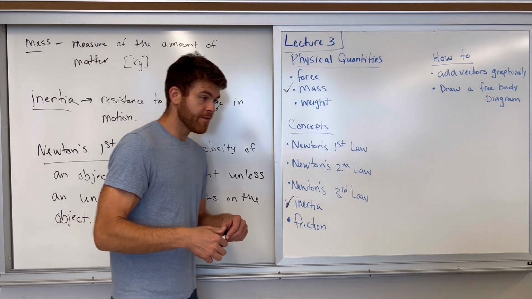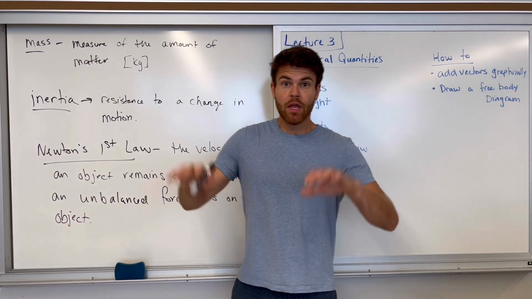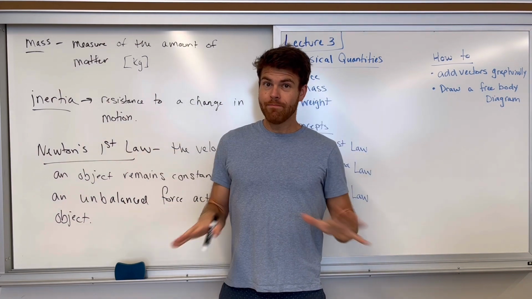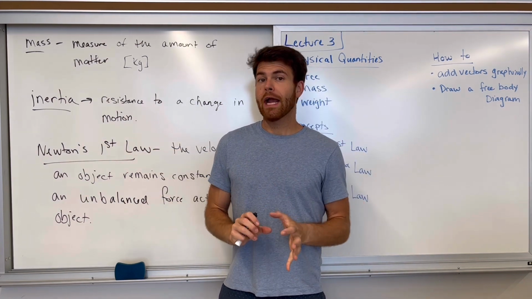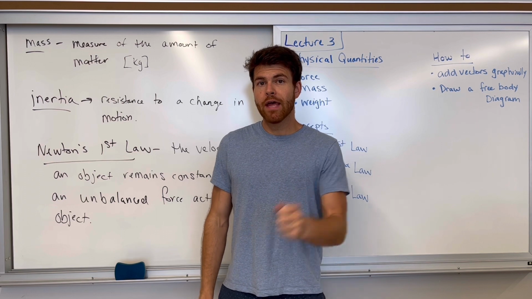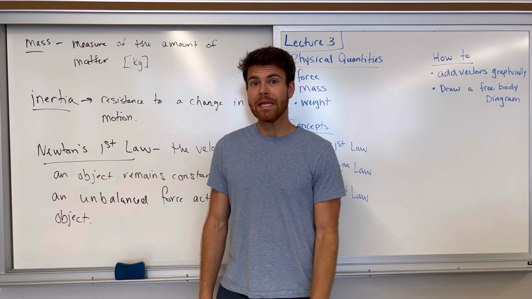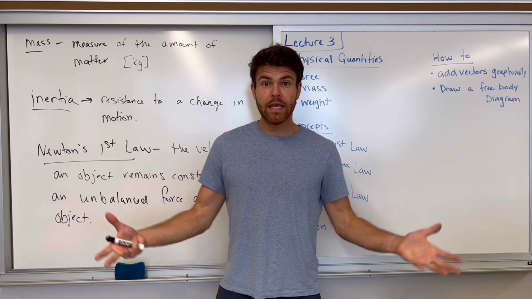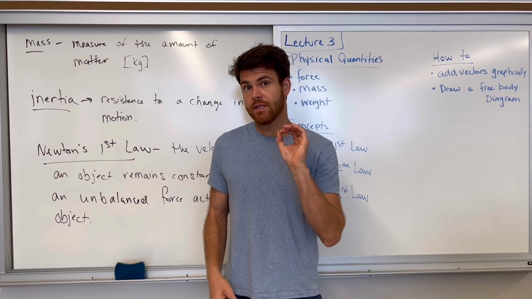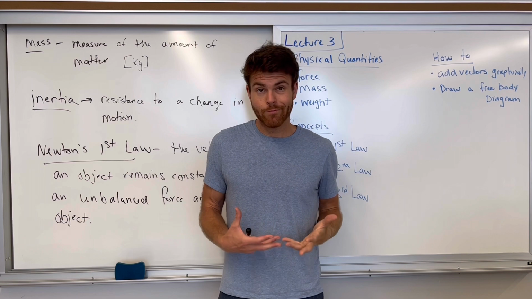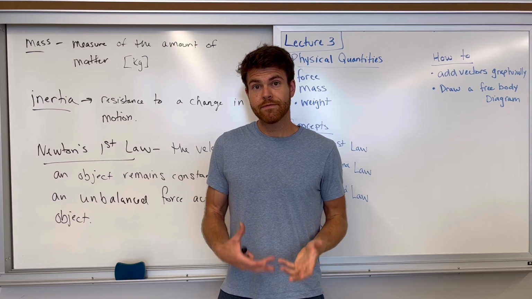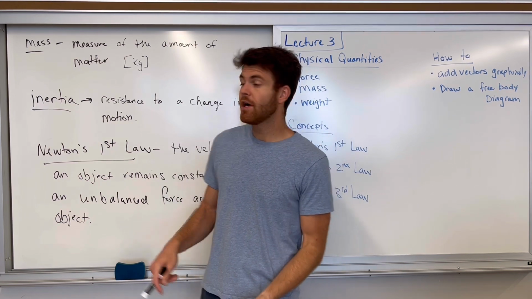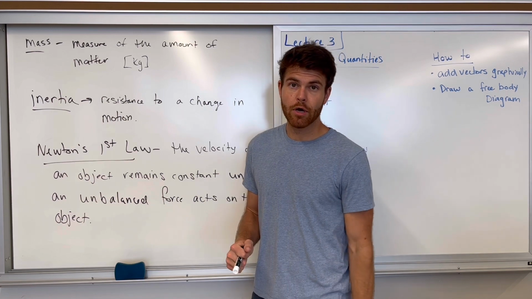So in Newton's first law, if an unbalanced force does not act on an object, that object's velocity will remain unchanged. It will remain constant. At rest is a velocity, right? It's a velocity of 0. So if an object is at rest, that velocity of 0 will remain 0 unless an unbalanced force acts upon it.